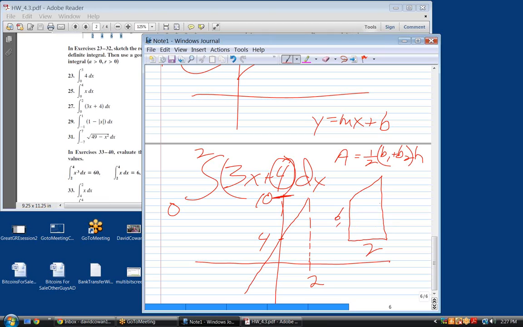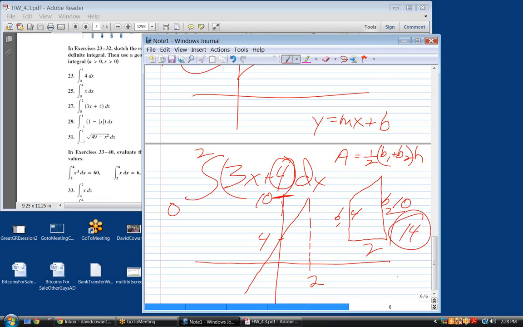The bases are always the sides that are parallel. So in this case, base 1 is 4 and base 2 is 10, right? And then we would have 1/2 base 1 plus base 2 times the height, so that's 14, and 1/2 of that is 7, times 2 is 14 again.